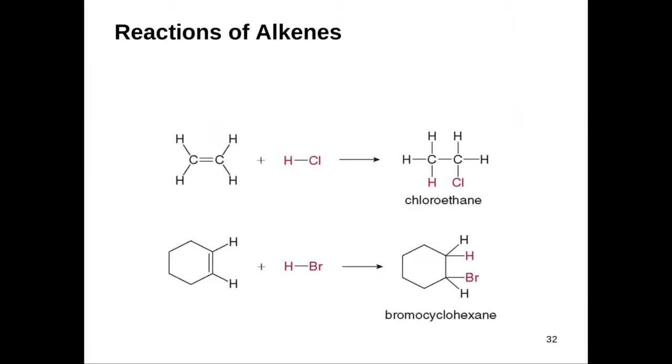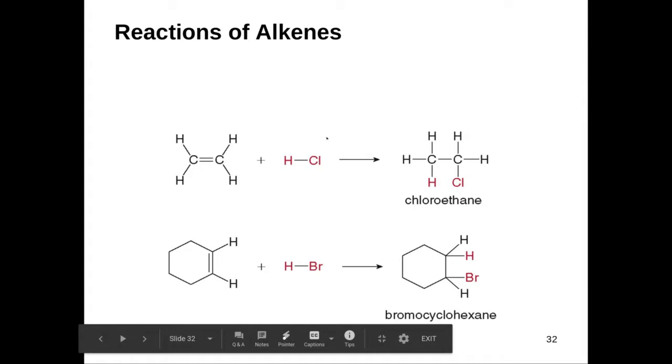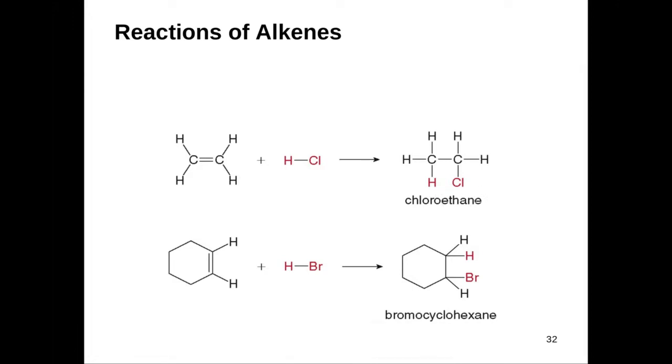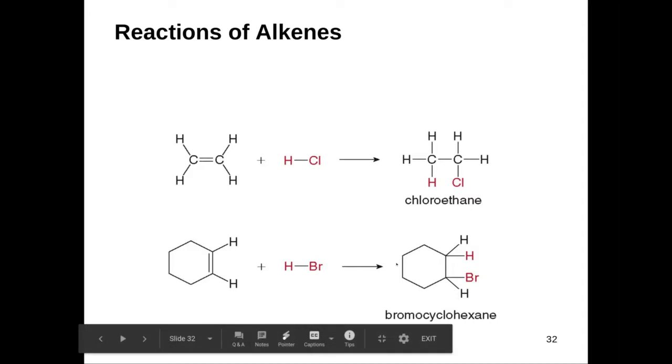And this is what we have here. We have ethene and cyclohexene. They react with hydrochloric acid and hydrobromic acid, producing chloroethane. So you can see we've gone back to the alkane here. The chloro telling us we have a chlorine present. Bromocyclohexane. So we went from hexene to hexane because again we got rid of the double bond. Bromo telling us we have a bromine attached.